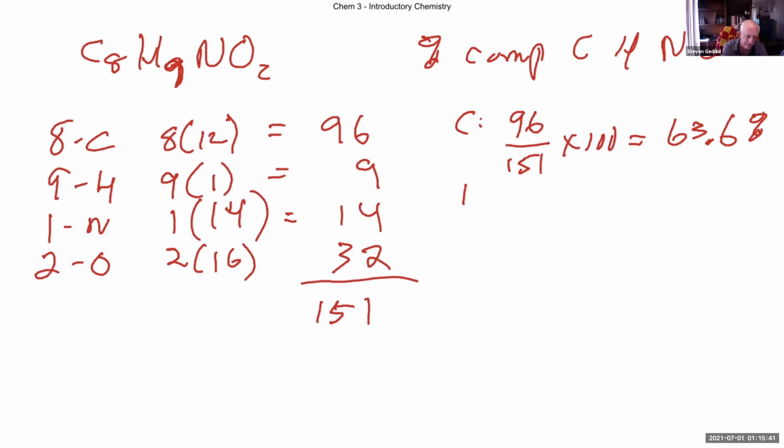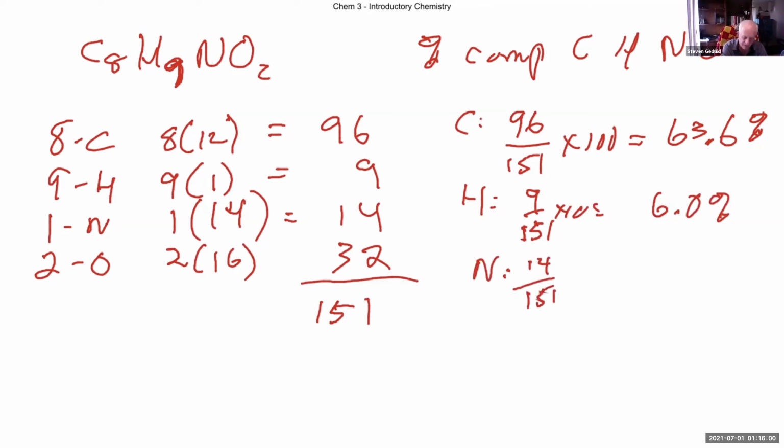All right. So hydrogen, we said was 9 out of the 151 times 100, and that came out to about 6%. Nitrogen is 14 divided by 151 times 100. And that equals 9.27, 9.3.